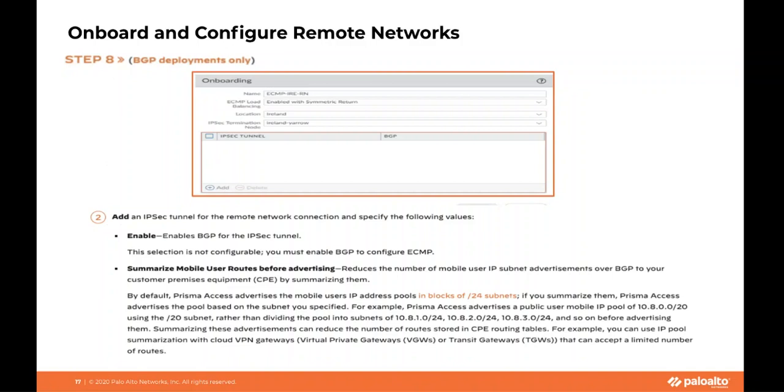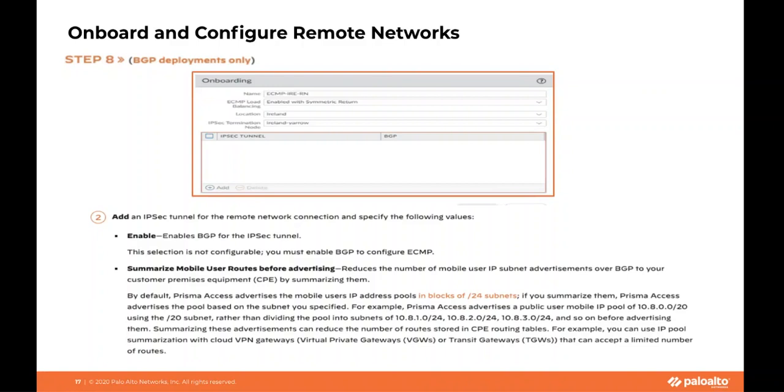If you're using a BGP deployment, in the BGP section you will see 3 options: enable, summarize mobile user routes before advertising, and not advertise. If you want to use BGP, enable BGP.